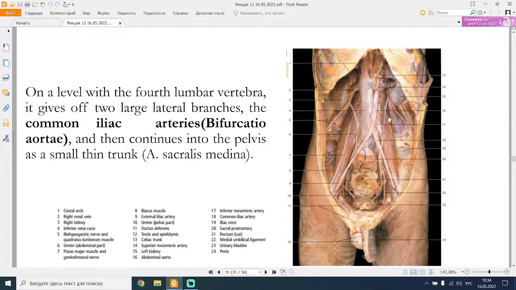Pars abdominalis aortae, bifurcatio aortae, and forms the common iliac arteries: arteria iliaca communis dextra and arteria iliaca communis sinistra. This is pars abdominalis aortae, the abdominal aorta.